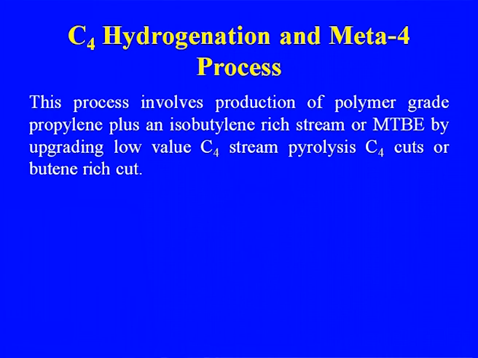Then C4 hydrogenation, already I discussed. This process involves the production of polymer grade propylene plus an isobutylene rich stream for MTBE by upgrading the low C4 steam pyrolysis C4 cuts or butene rich cut. This already I discussed.